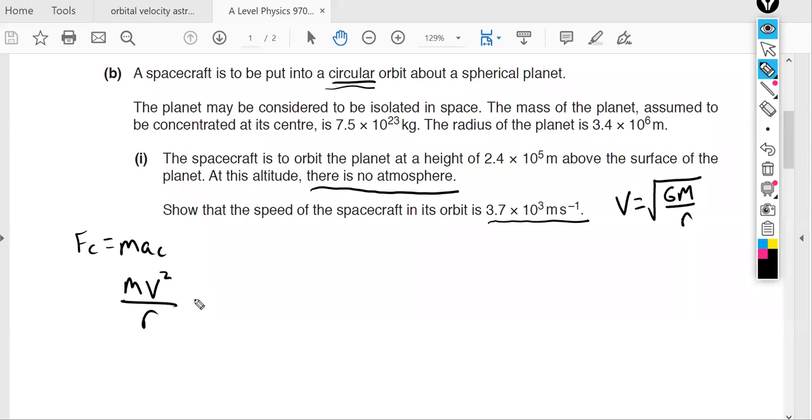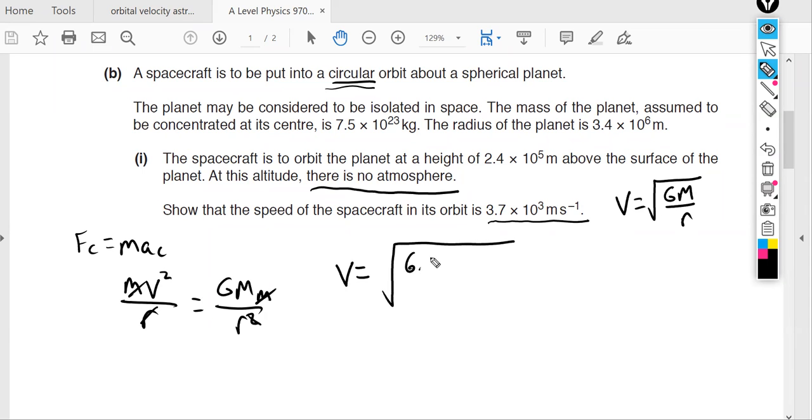So this is centripetal force. We equate it to Newton's law of universal gravitation, cancel out what we can, and that's where this comes from. So we should be able to solve for a velocity, get an answer, and then see if it's this number.